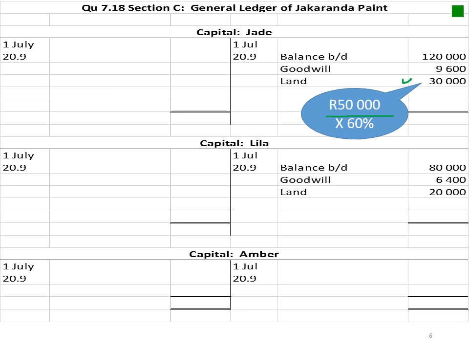So we are updating the asset values up until the point of the admission of Amber so that we can give those increases in values to the partners who were partners in the business previous to that. This increase in the value of assets actually belongs to them and is being credited to their capital accounts. So we have a total credit here of 50,000 and the debit is to land.